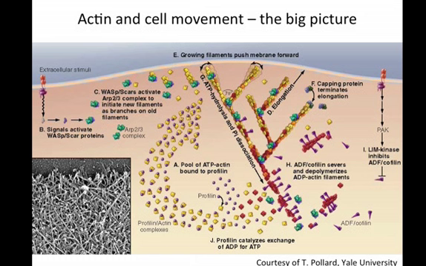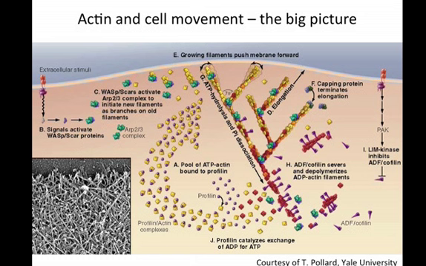And so this is just a nice big picture of cell movement and active polymerization so that the cell can move. You'll have some kind of extracellular stimuli, and then you'll have activation of some of these accessory proteins. Here you're seeing WASP and ARP.